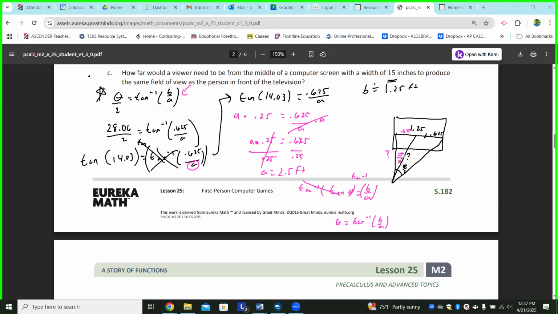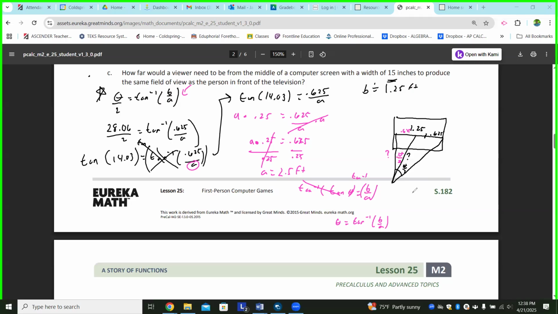Because it'd be different if it said the distance from my point of view to the edge of the TV was 8 feet. Then I could just treat it as theta and the full width. But because I'm telling you the distance to the center of the TV is 8, I can't do the same thing, because now I can only calculate the half angles in between and then double it to find the full angle.